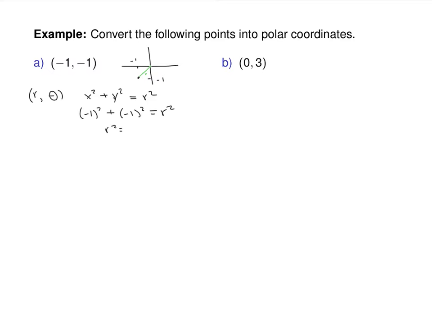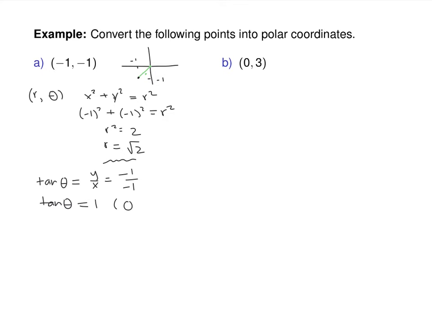R squared is 2. And so r is technically plus or minus root 2, but let's just use positive root 2 because it's easier. And you can find this angle a few ways. We can use the fact that tangent of theta will have to equal y over x, or negative 1 over negative 1. So tan theta must equal 1.